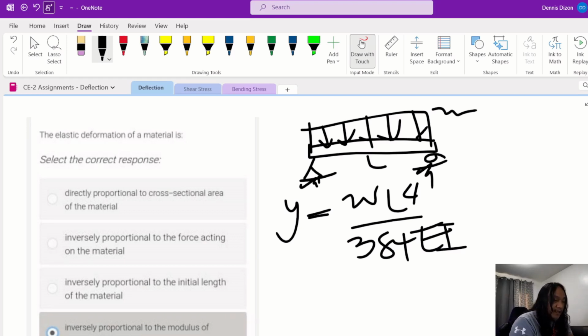So the EI, this value here, that is the stiffness of your section or your member. So it is always inversely proportional to your deflection.